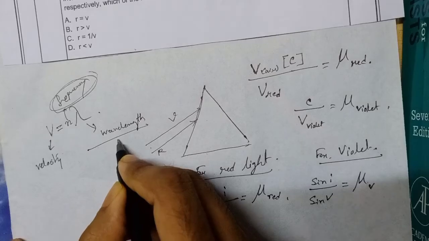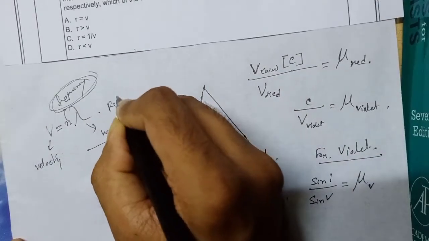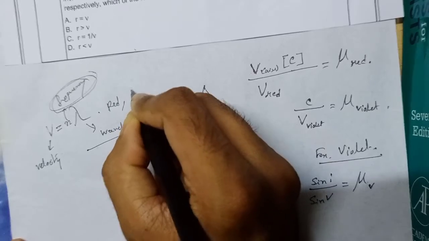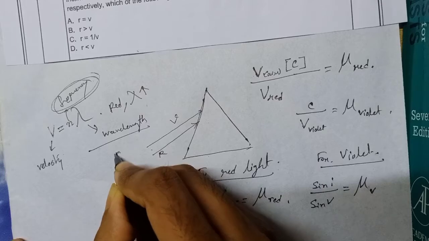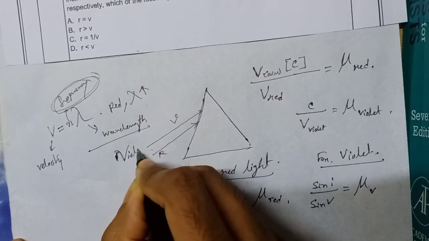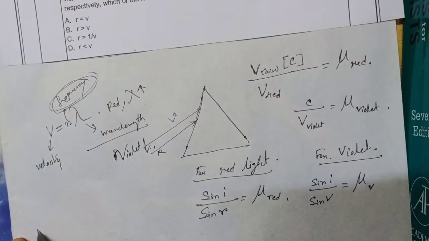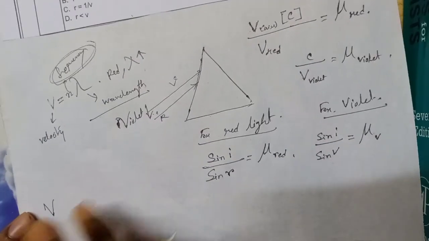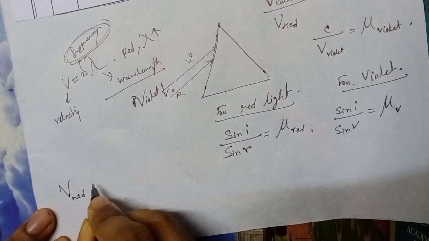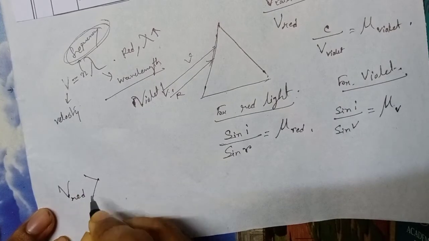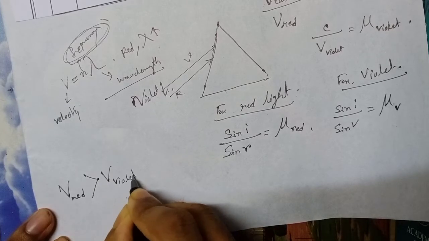Now for red light, wavelength is more, and for violet, the wavelength is less. Clearly, velocity of red light in glass is greater than velocity of violet.